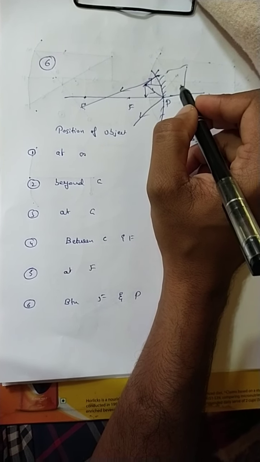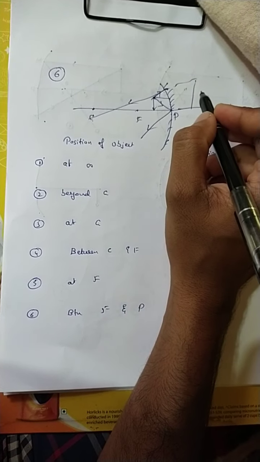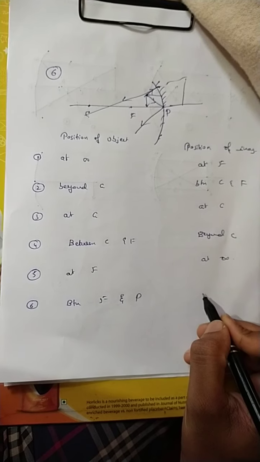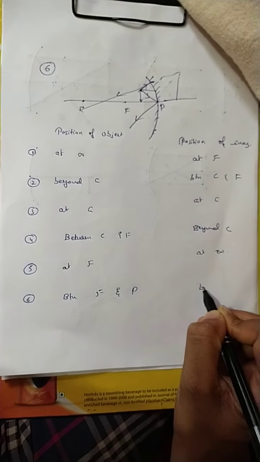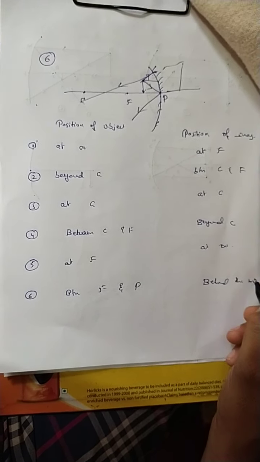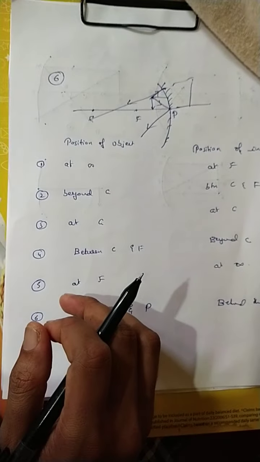The rays appear to diverge from a point, so this is the image obtained on the other side of the mirror. Then again, the position of the image is behind the mirror. So these are the different positions of the image and object.